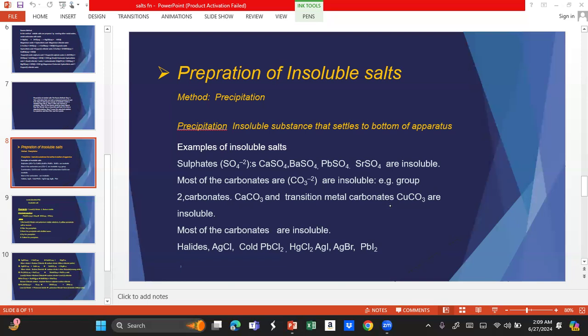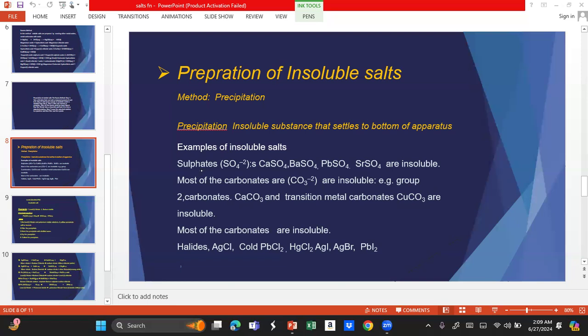You can confuse yourself, either we have to go for soluble salts or insoluble salts. That's why the table of solubility is very important. No need to have rote learning for this. Just go on passing, go on revising this, and prepare at some occasions insoluble salts, sometimes soluble salts.